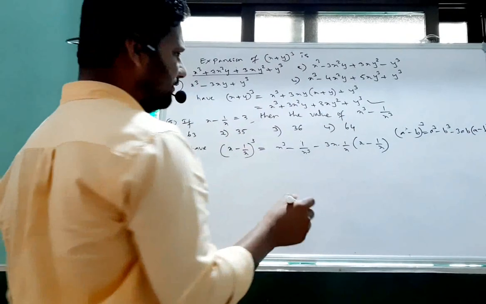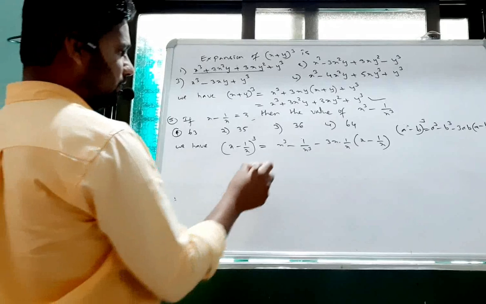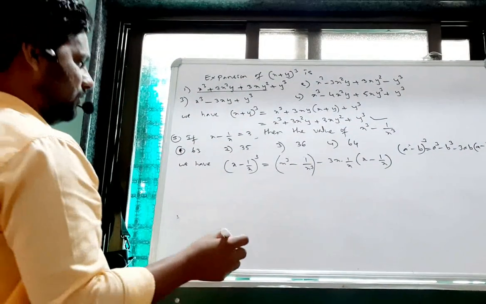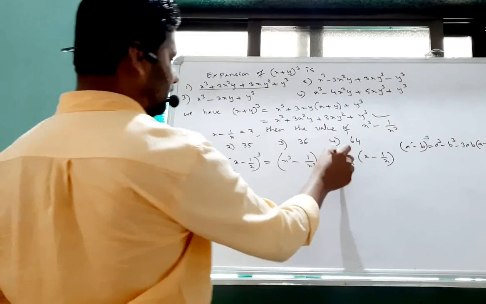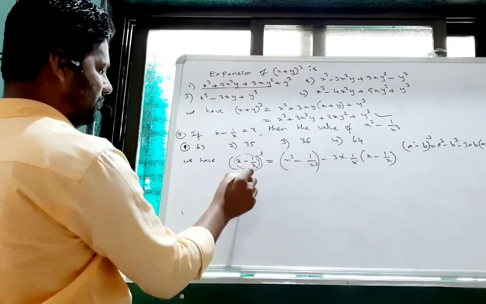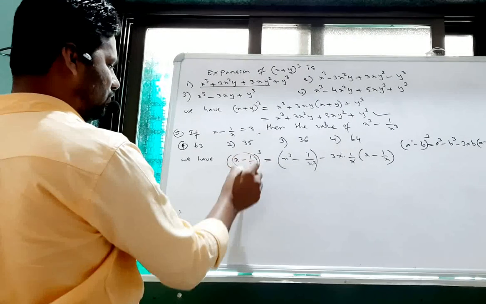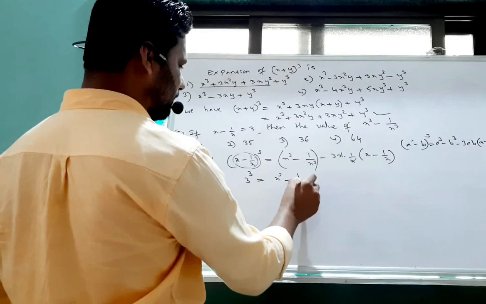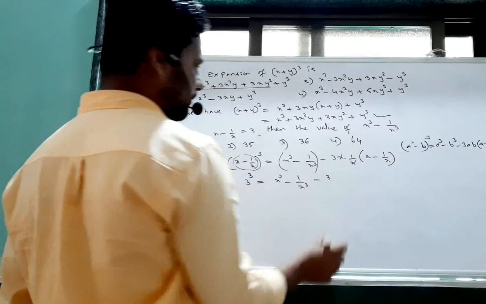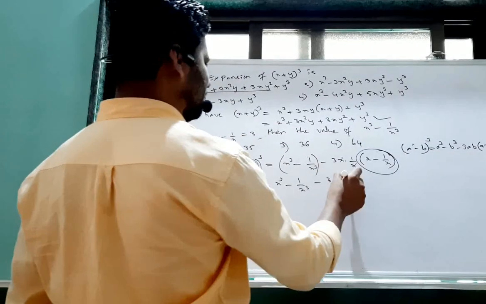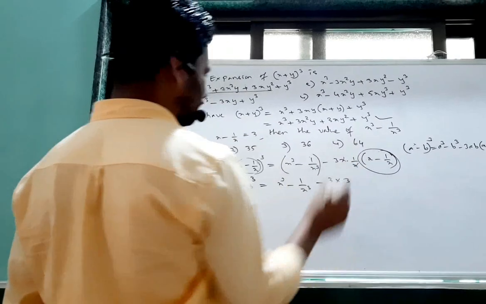Here a is x, b is 1 by x. So we need this value, x minus 1 by x cube. This will cancel. Here given that x minus 1 by x is 3. So 3 cube is equal to, this is required, x cube minus 1 by x cube minus 3 into, again, x into 1 by x is 1, x minus 1 by x is 3.